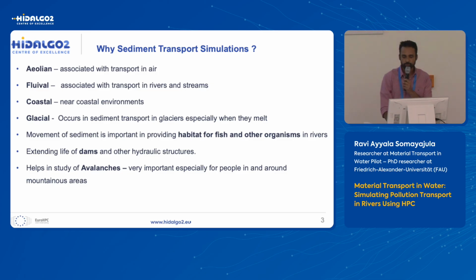So it is important to have a microscopic understanding of what happens, especially to prevent certain issues pertaining to dams and other civil engineering related structures, hydraulic structures, and it also helps in the study of avalanches. It is very important to be able to predict such phenomena and to have a sound understanding of them, because there are of course a lot of livelihoods at stake, especially in mountainous and hilly areas.